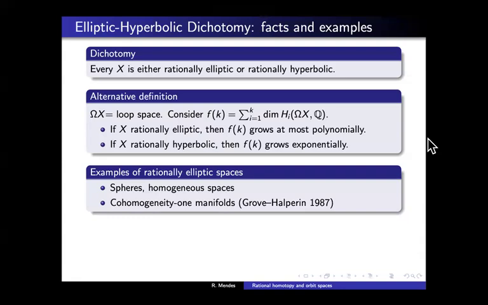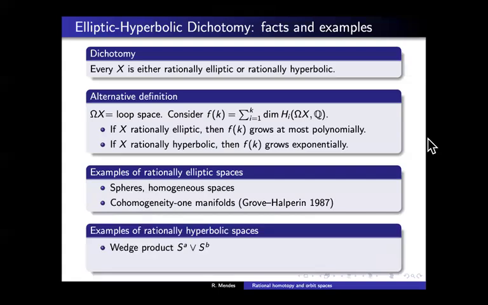This is a theorem of Grove and Halperin, 1987. You have a double disk bundle decomposition that gives that it is rationally elliptic. Reminding everyone, cohomogeneity 1 means there's a group acting such that the quotient is an interval, so it's one-dimensional.